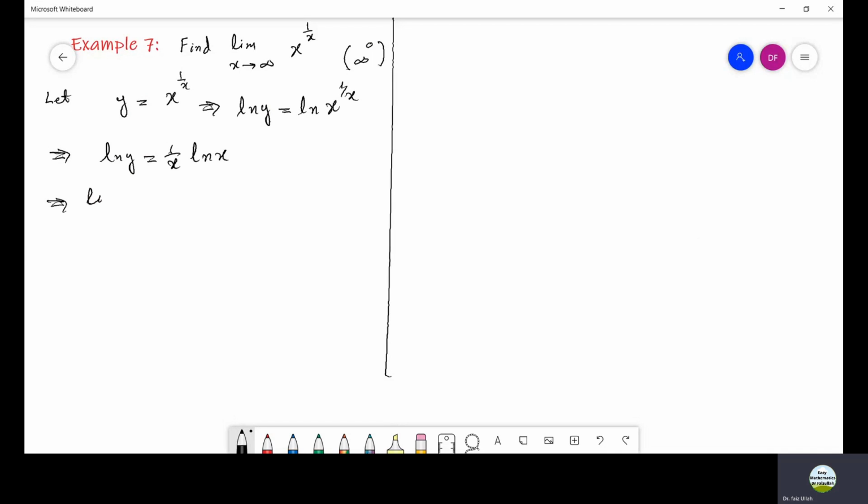So if we take limits, x approaches to infinity, ln y is equal to limit x approaches to infinity, ln x divided by x. And if we plug in x is equal to infinity, we can see this is infinity by infinity form because log infinity is infinity. So we can use the L'Hopital rule.